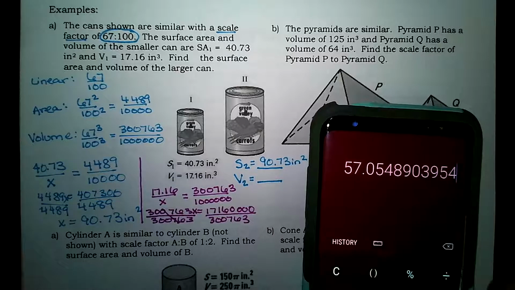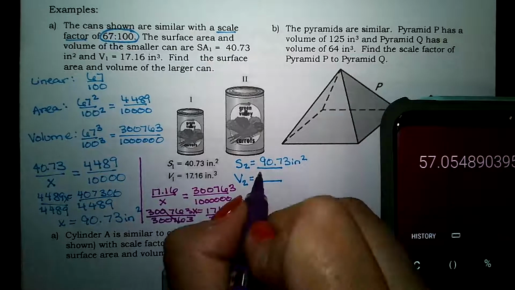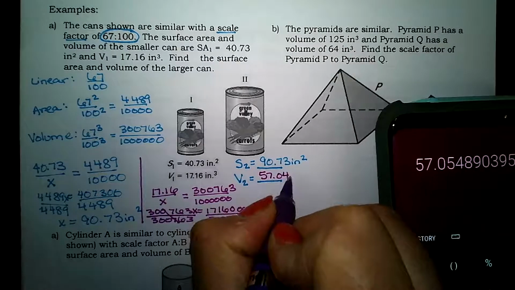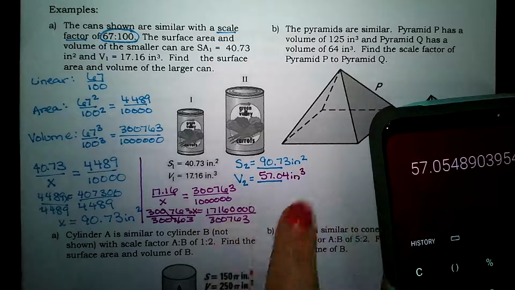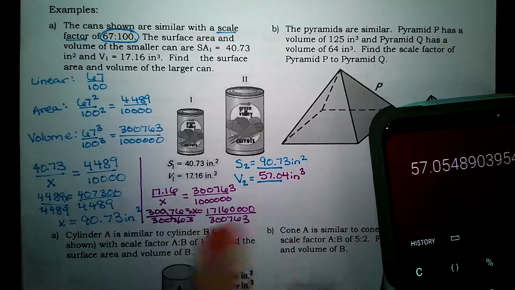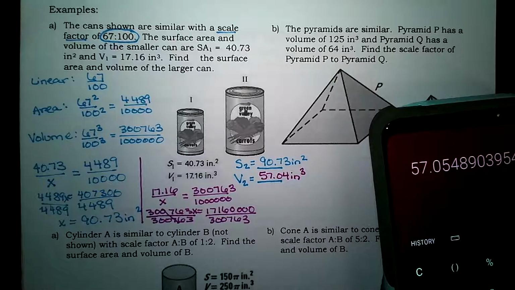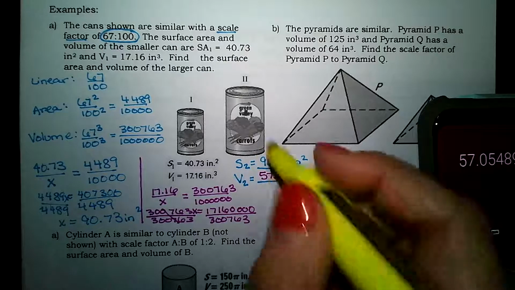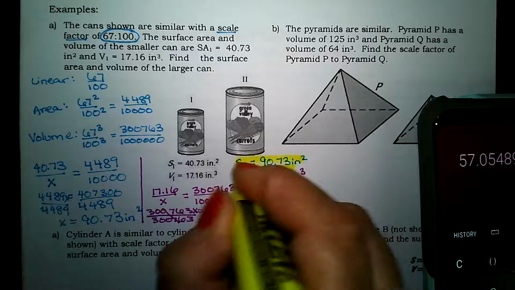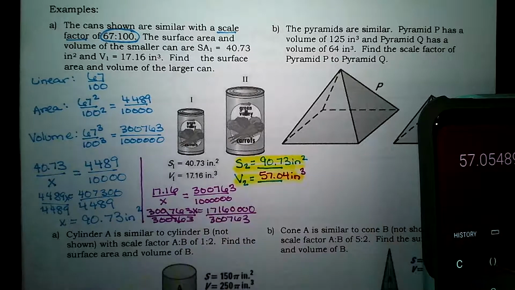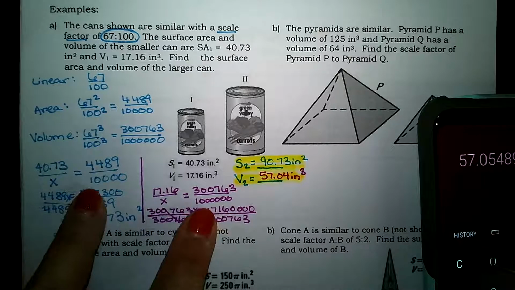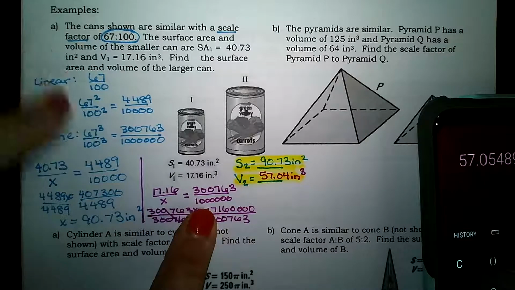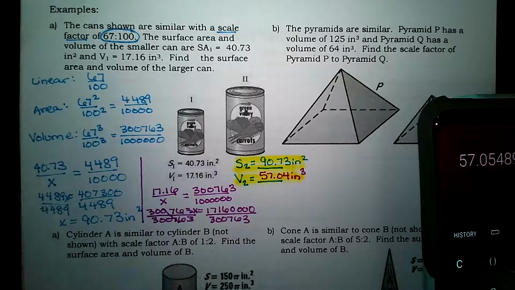Final volume, 57.05. And that is a cubic measurement, so I choose inches cubed. Whew, that's a tough problem to start with. I'm glad we did it. You guys, the key is making sure before you set up your ratios that you're in the right dimension.